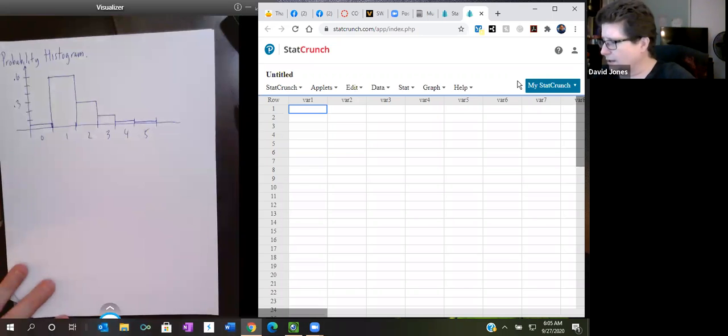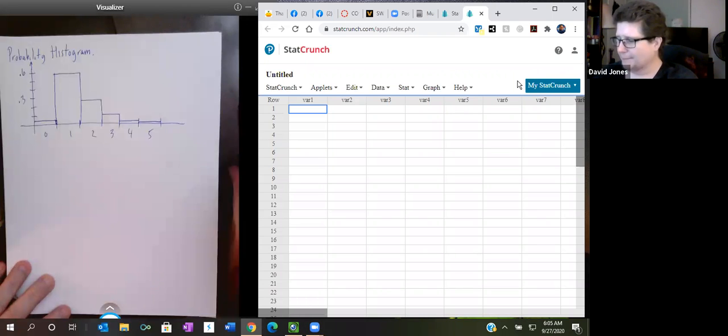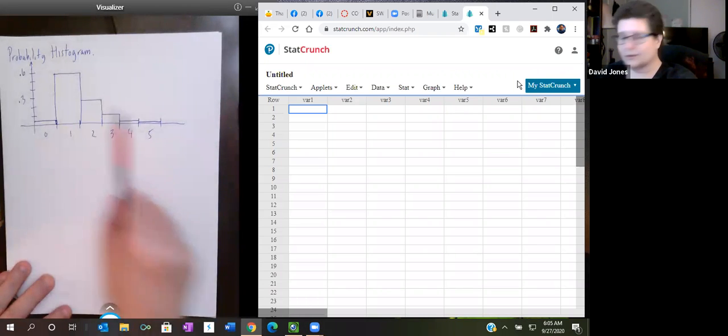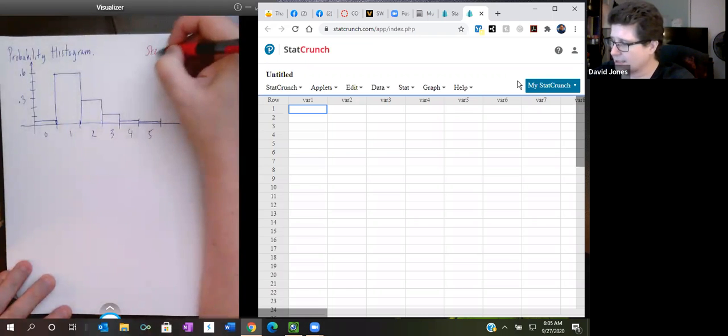Question for you. What type of distribution is this? We've talked about these before. Is this a bell-shaped distribution? Is it a uniform distribution? Is it skewed left or is it skewed right? In this scenario, the hump is around the 1 and the tail to the right is longer to the right. This is a skewed right distribution.